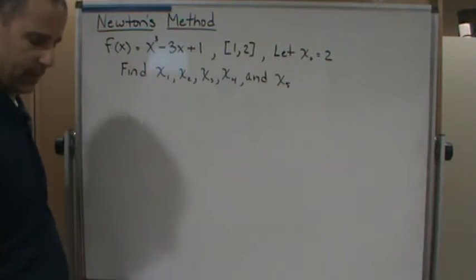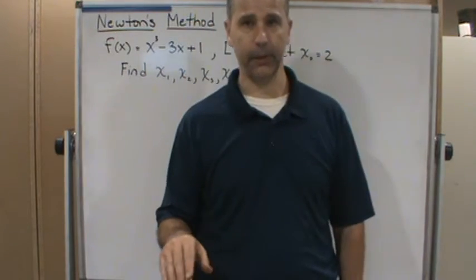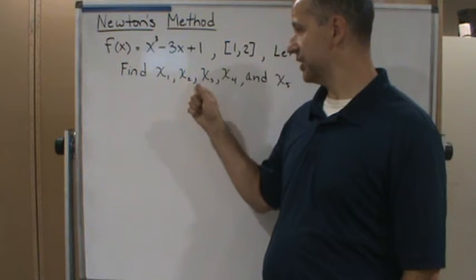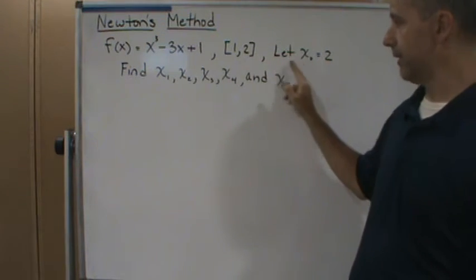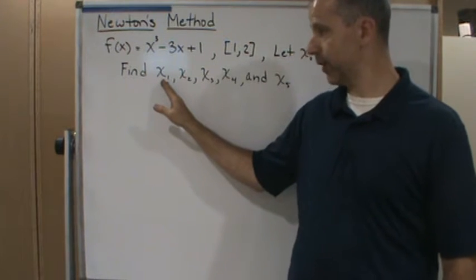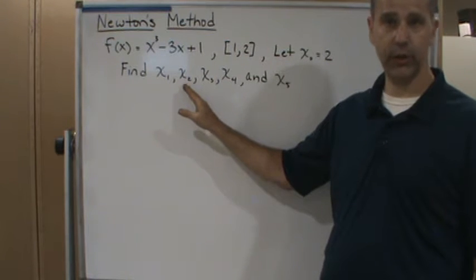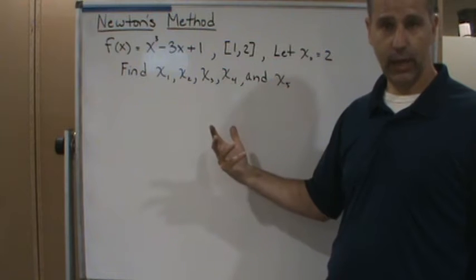Now, the way you do this on the calculator, and again, with the homework, practice using the calculator. You use x0 to find x1, and then you store it in your calculator, and then use the value for x1 in calculating x2, and then store that in your calculator, so you're always using the value stored in the calculator.